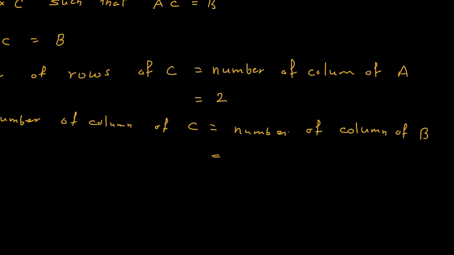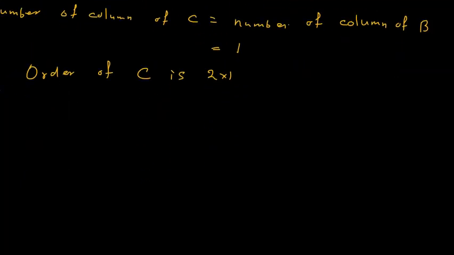Only 1 column. So therefore order of C is 2 cross 1. So I will say let C is equals to, now 2 cross 1, 2 rows, so x comma y.